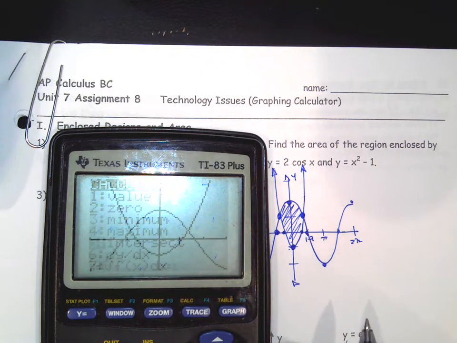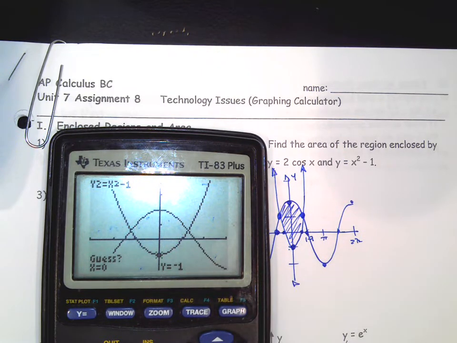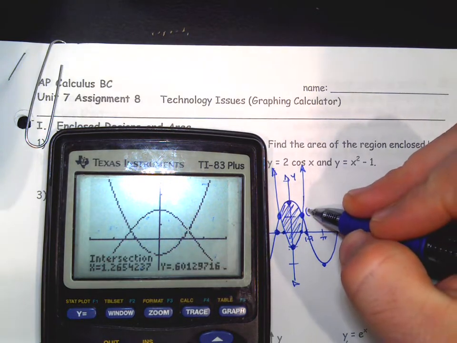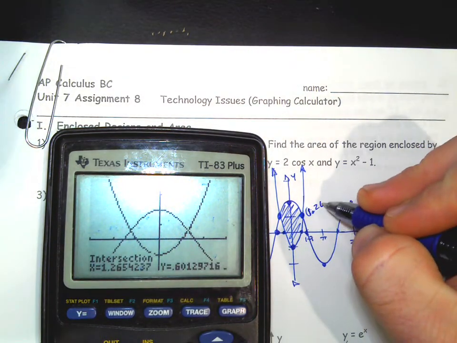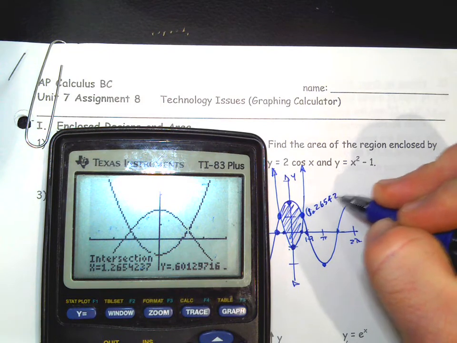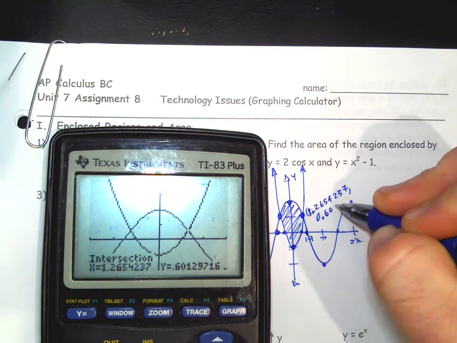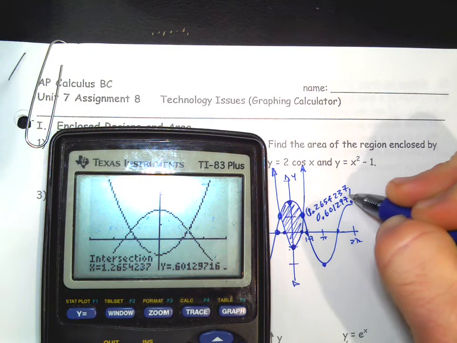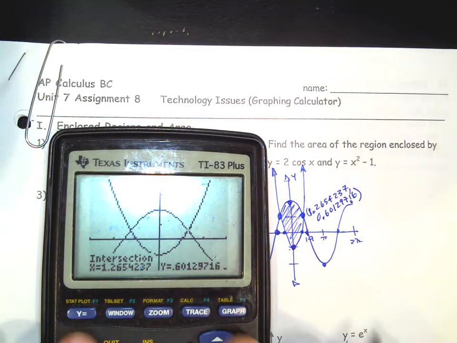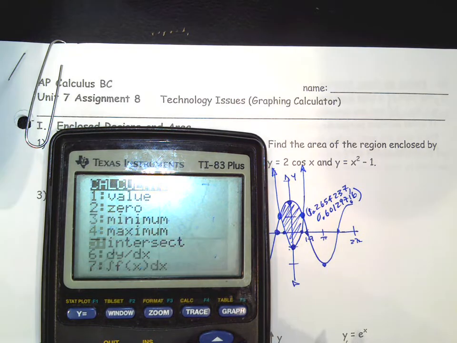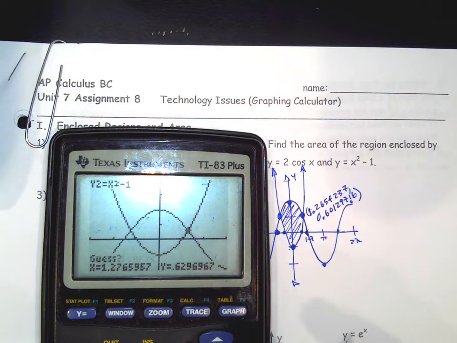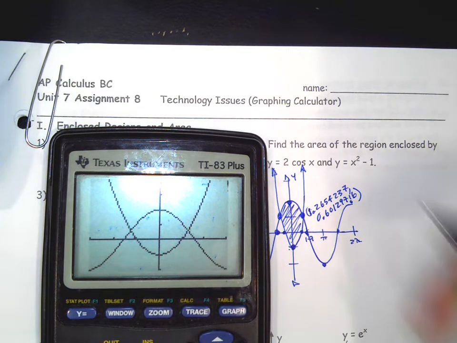Second, calculate. Number 5, intersect, first curve, second curve. Guess. 1.2654237, 0.60129716. Carry more decimals than 3. Second, calculate. Number 5, intersect, first curve, second curve, negative 1 for my guess.